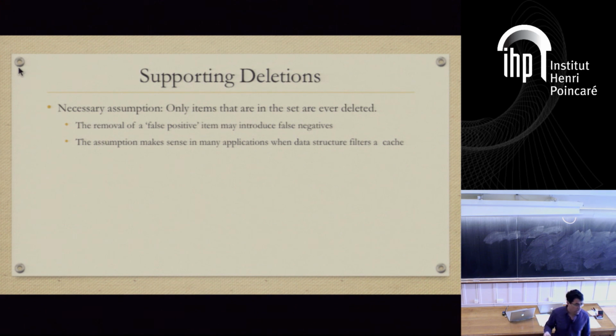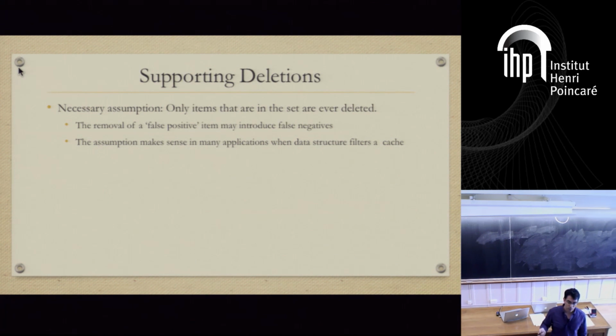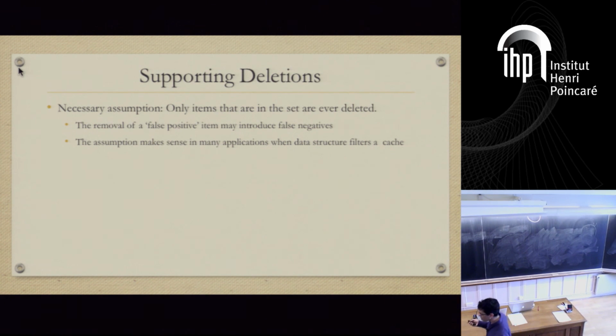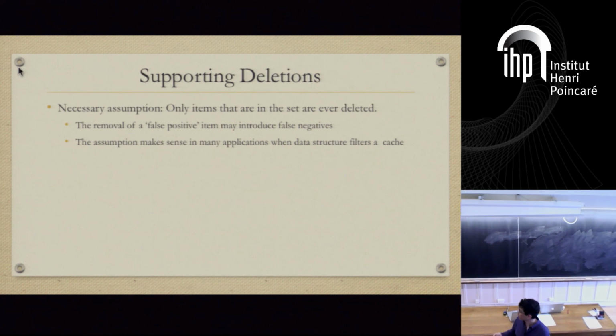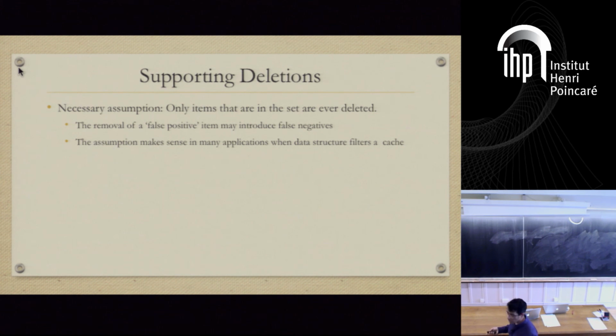And I should say that while supporting deletions is not very sensible, it is sometimes sensible in these data structures. When you have dictionary-based approximate set membership, then you can support deletions. There is no problem. It's just like a dictionary deletion. You just have to make sure that the item that you deleted was indeed inserted, because otherwise you create false negatives.